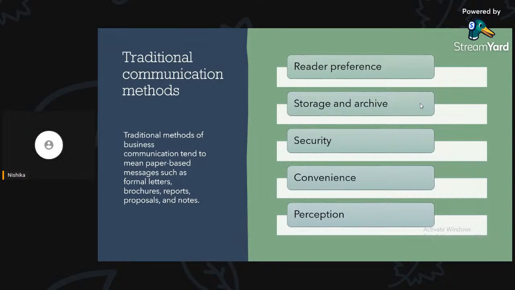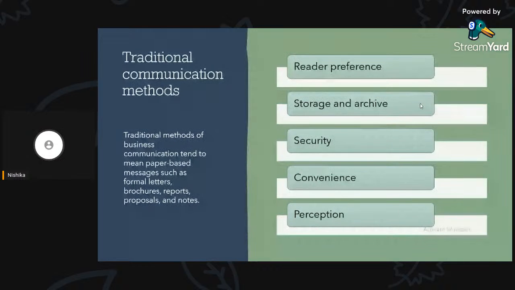These were paper based, and we were making use of paper in order to communicate our message or information, through formal letters, brochures, reports, and proposals. So these types of things.